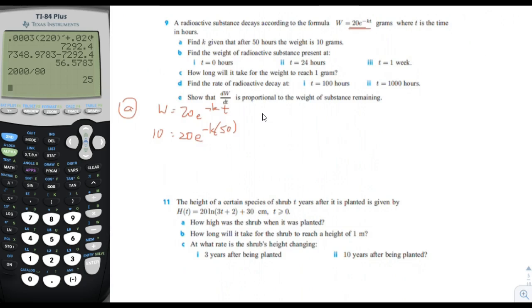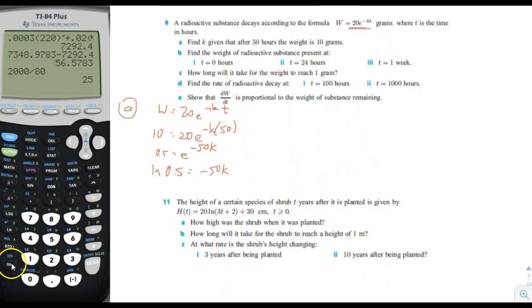So let's first divide both sides by 20, so we get 0.5 equals e to the negative 50k. Then we take the natural log of both sides, so natural log of 0.5 and negative 50k.